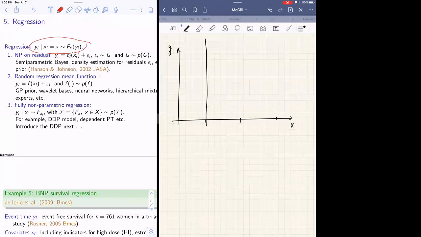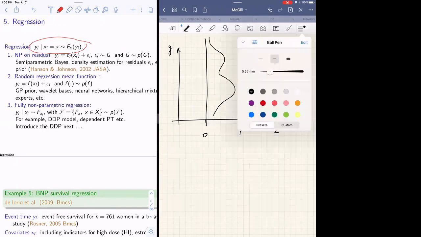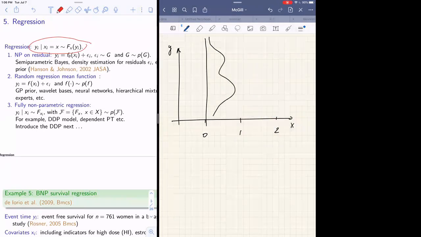Say this is X equals 0, 1, 2. It could of course be continuous. It's just easier to make the picture for a few discrete values. For X equals 0, say the distribution might be something like this. For X equals 1, we see maybe a slightly different distribution, the blue distribution, which might have shifted down there.